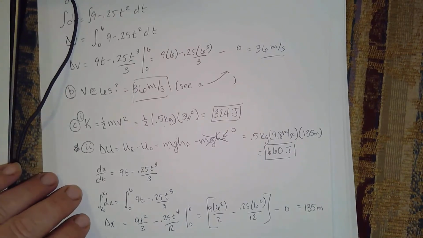All right. Now, part D. Part D says, calculate the maximum height reached by the rocket relative to its launching point. Okay, so here's my rocket's path.